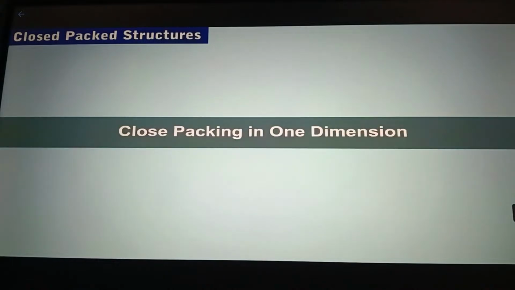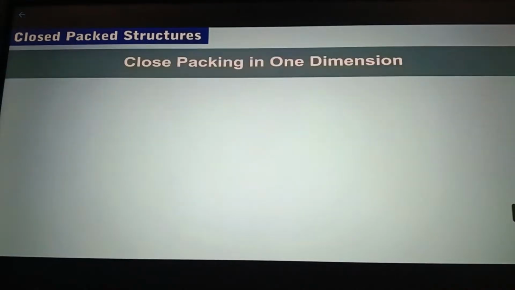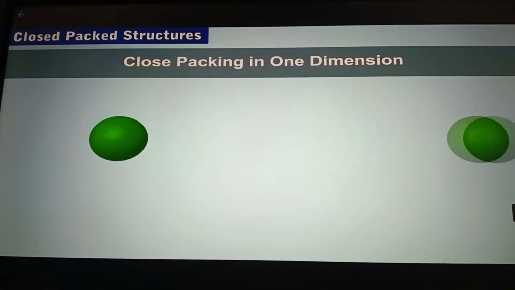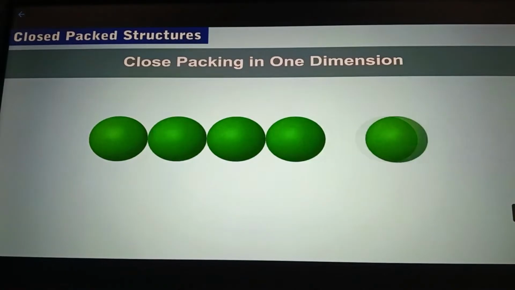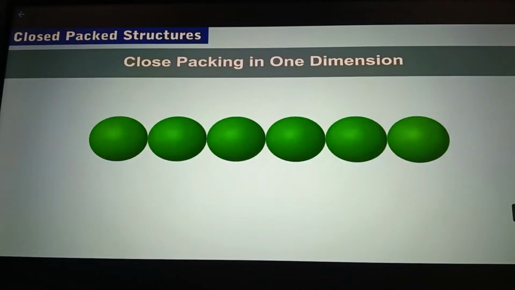First, let's look at close packing in 1 dimension. You can see that there is only one way of arranging the spheres in a 1-dimensional close-packed structure, that is, by arranging them in a row touching each other.